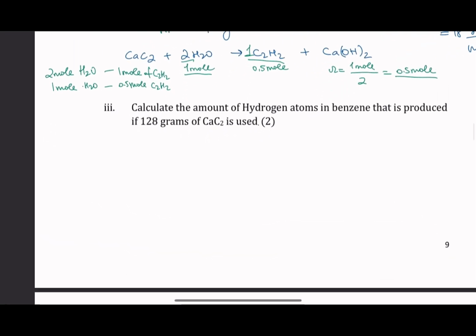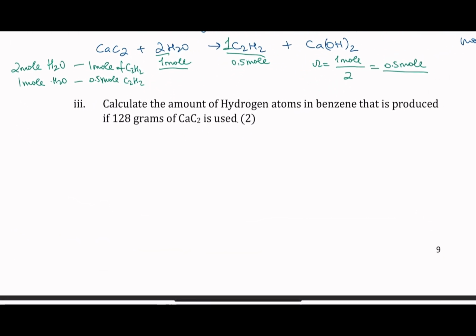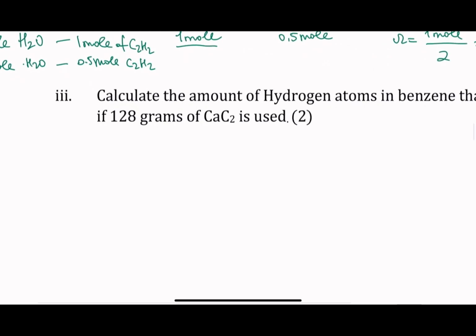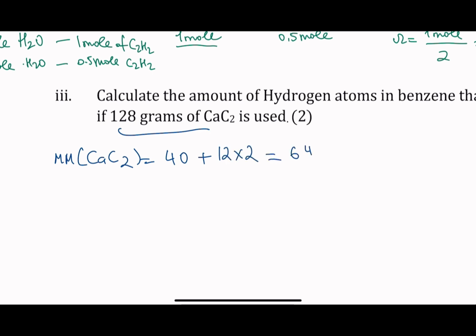And then calculate the amount of hydrogen atoms in benzene that is produced from 128 grams of calcium carbide. Again, we need to find the mole amount in order to use the chemical equation. So let's find the molar mass of calcium carbide, which is 40 for calcium, and then carbon is 12, so 12 times 2, which would be 64 grams per mole.